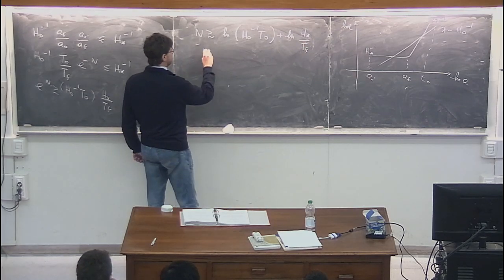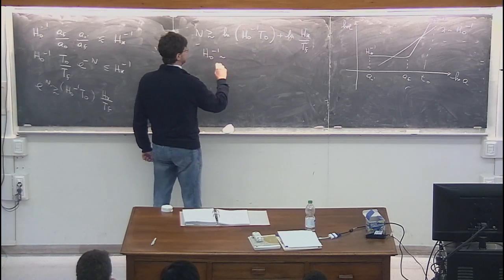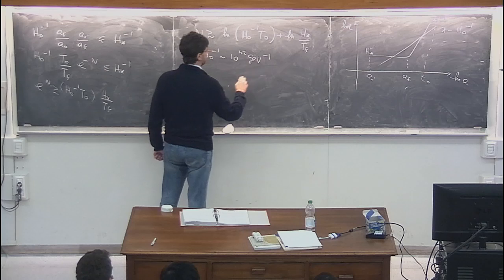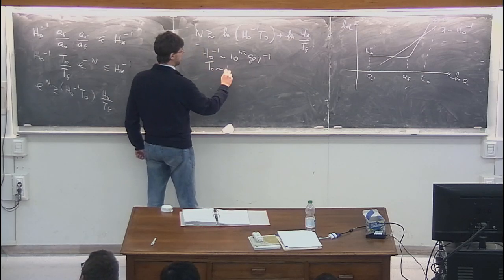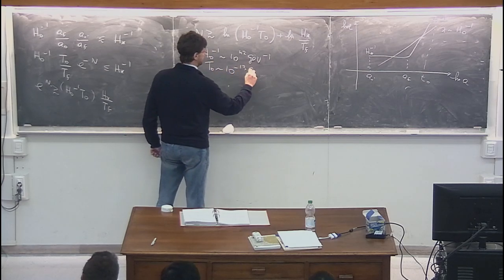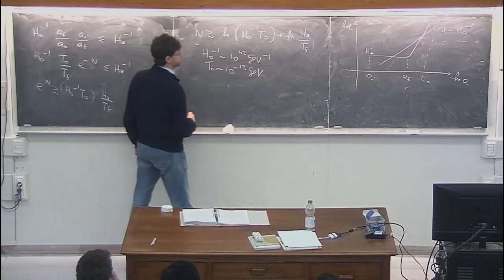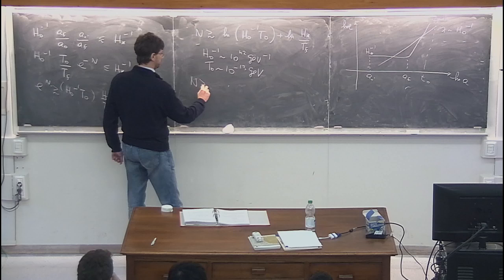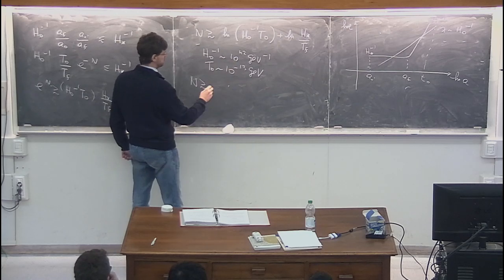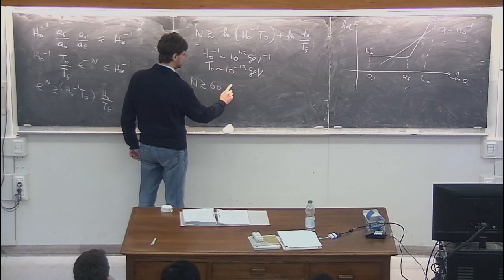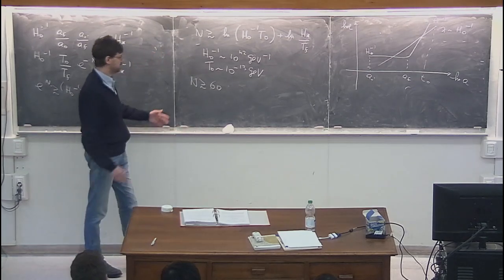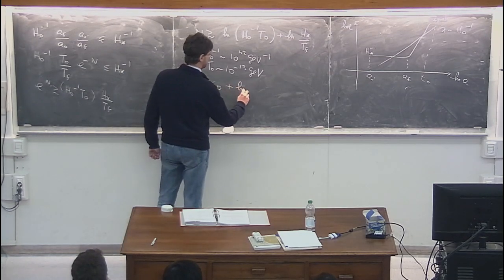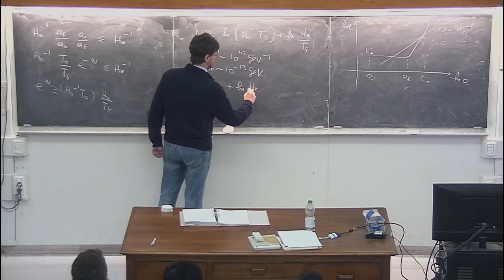So we said that H_0^-1 is 10^42 GeV^-1, and T_0 is about 10^-13 GeV. If you take the log of the product of these two numbers, you get a number which is about 60. It could be 61, so it doesn't matter. This is about 60 plus the log of H_star divided by T_F.